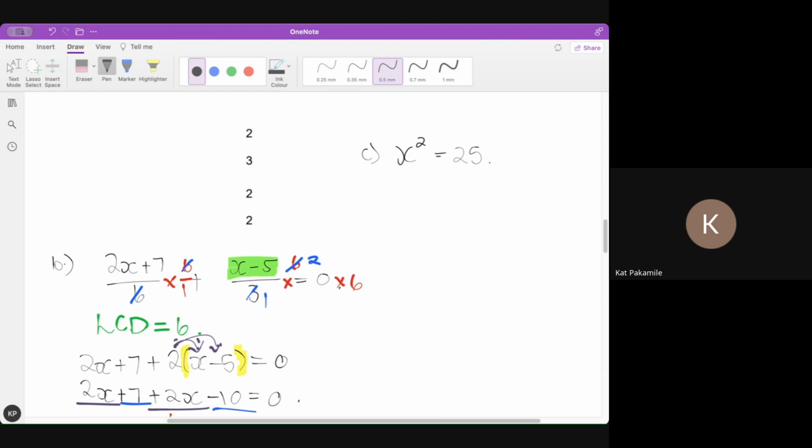I think I have a hand. Okay, you can unmute. I saw a hand. We can square root both sides, but what happens when we square root both sides? What do we need to remember?